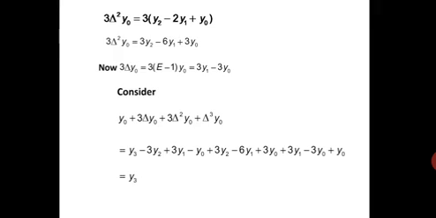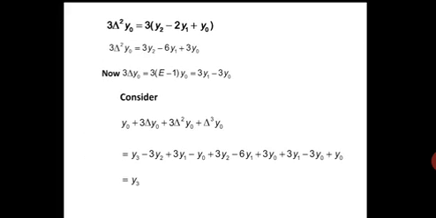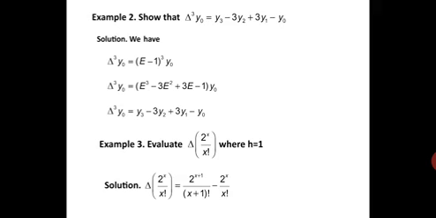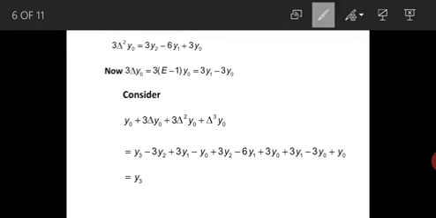Now I will substitute all the values that I have found. Now you can see delta cube of y naught is these terms, right? Total 4 terms are there. Here are the 4 terms. This is the first term, that is delta cube of y naught, whose value I have substituted.